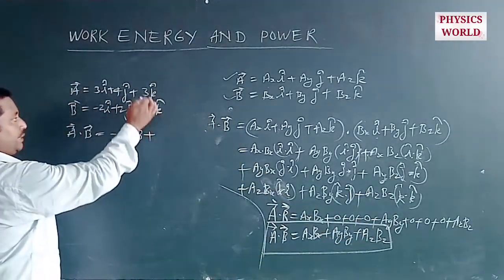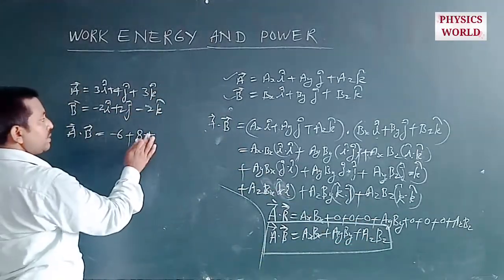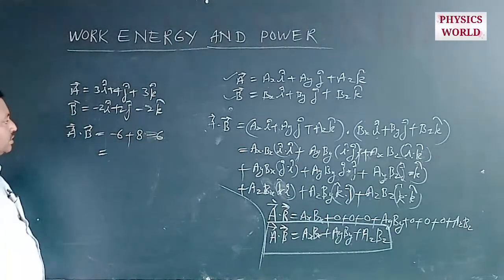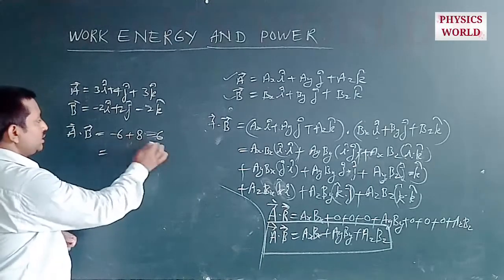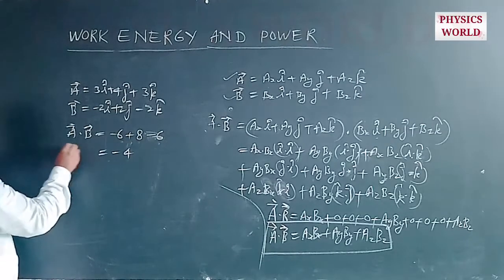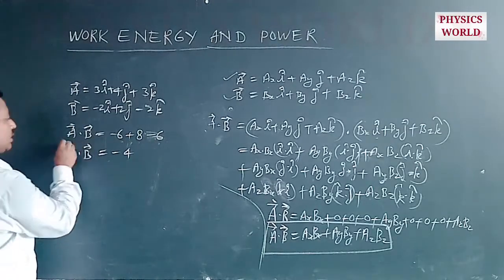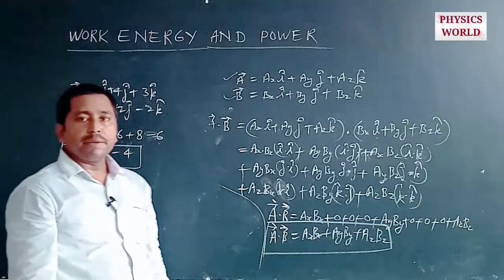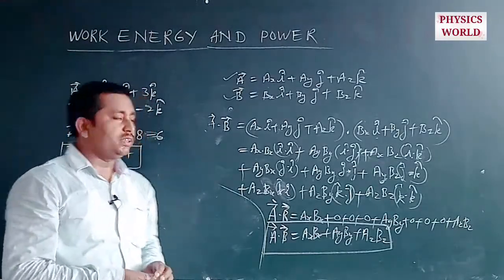So az bz, 3 multiplied by minus 2, this becomes minus of 6. So after solving it we get 6 plus 8 is 14, minus 6, hmm, we get 6 twos are 12, minus 4. Okay, so value of the dot product of two vectors we get what? Minus of 4.